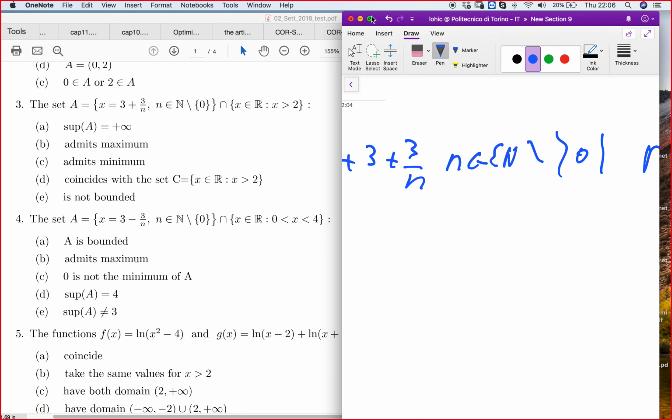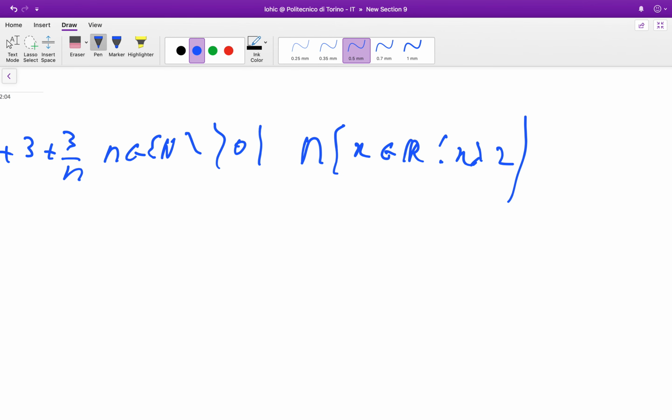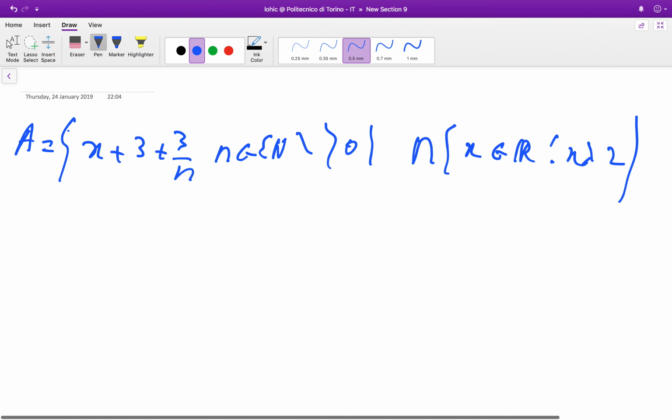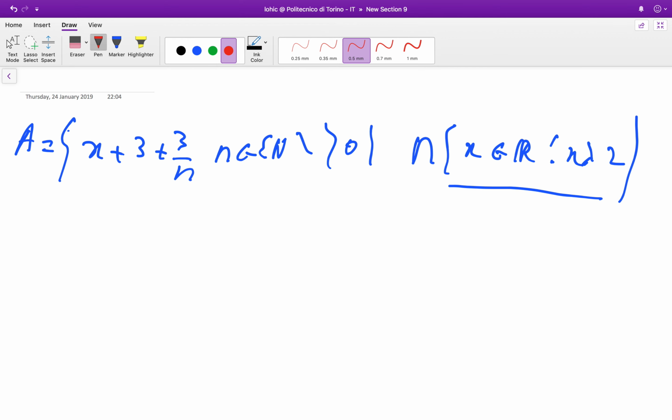So when you face this kind of set at the exam, first try to understand the meaning of the set. Focus on the second part: when you say x belongs to R such that x is greater than 2, you are taking all real numbers, and the condition x greater than 2 leads to the interval from 2 to plus infinity.